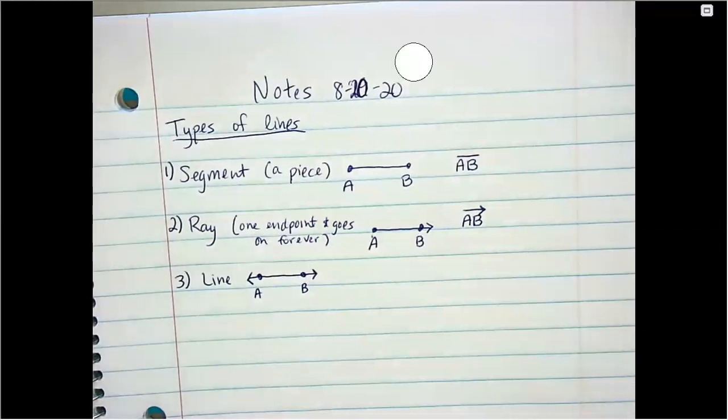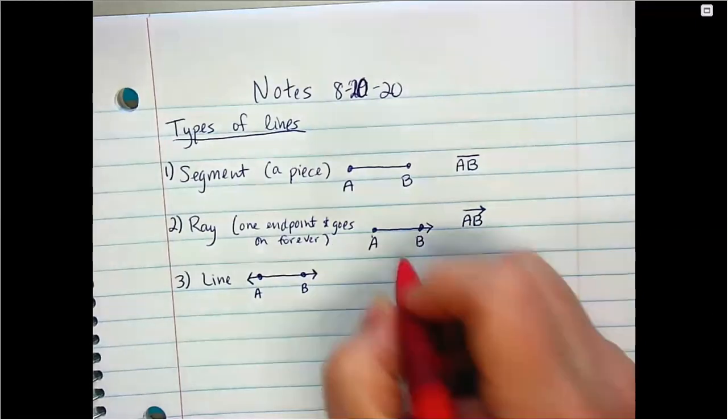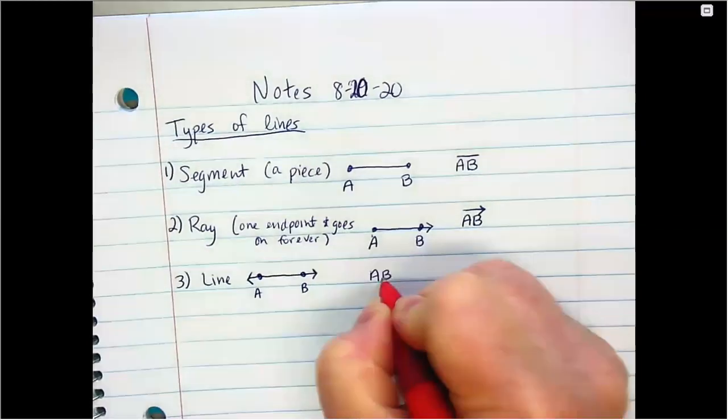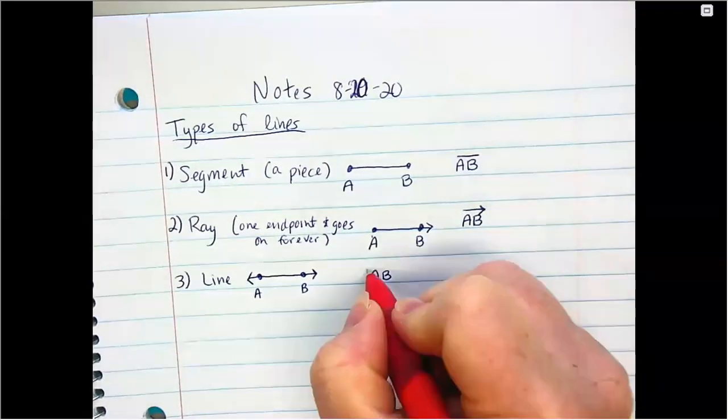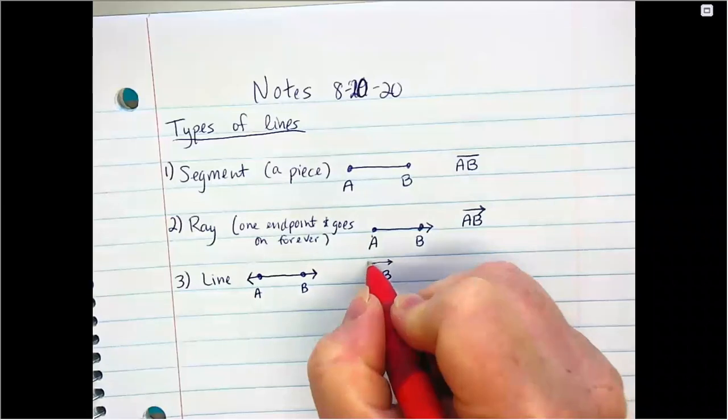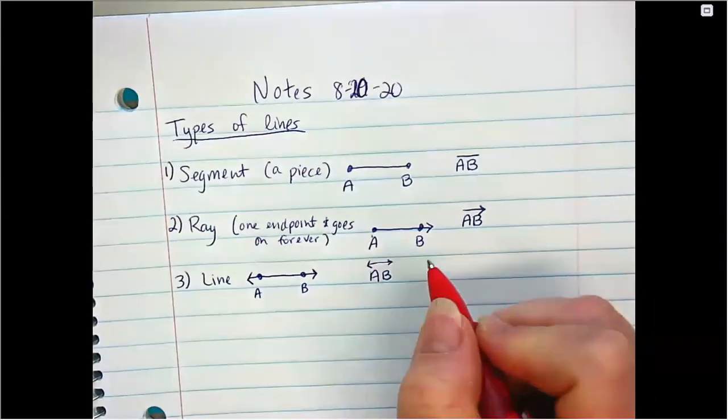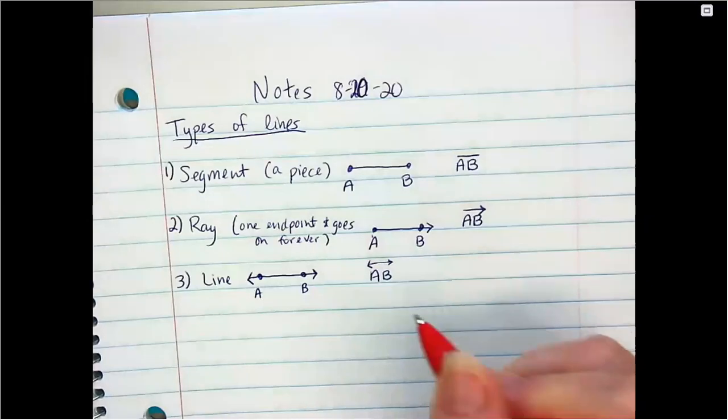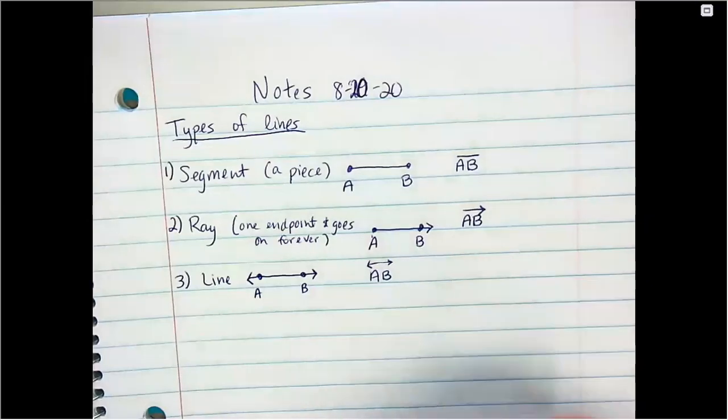It's written as the 2 points that you're naming, with arrows on both ends, because the line goes on forever in both directions, kind of like a number line. Okay, so let me let you finish copying that.